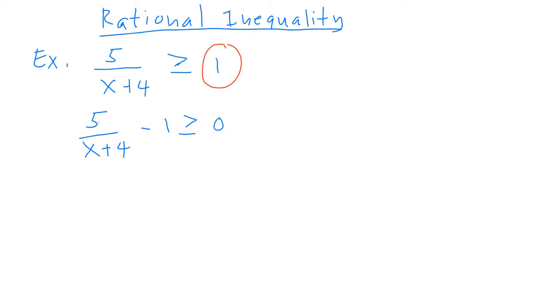You'll get a 0 now to the right side. And then finding the LCD, that would be 5 over x plus 4 minus, you have your LCD, x plus 4. So that would be x plus 4 also on the top that you have to multiply. So you will have that now.